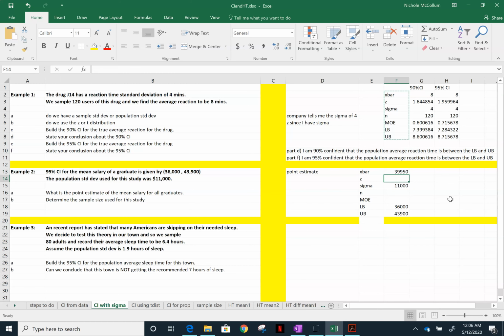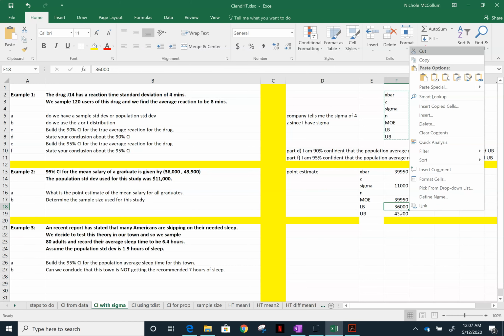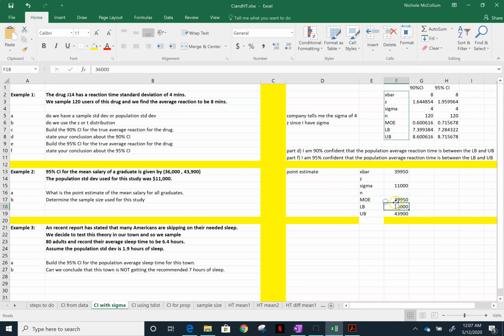Now that I know the X bar, that means I can actually find the margin of error now. Think about that. If you know X bar, you can find the margin of error. Because if you have X bar, the average, then the margin of error should be, think about this, the lower bound. If I take the X bar minus the lower bound, I should get the margin of error. What's my formula?